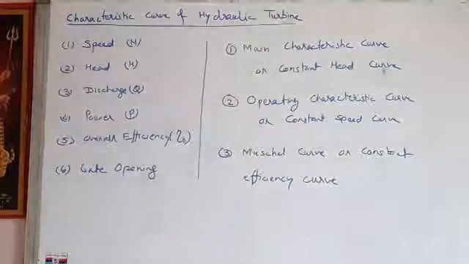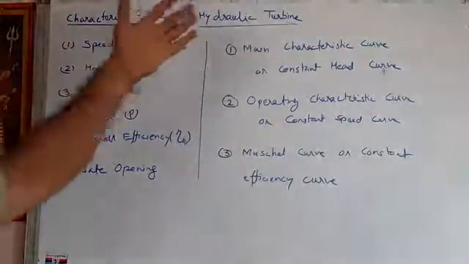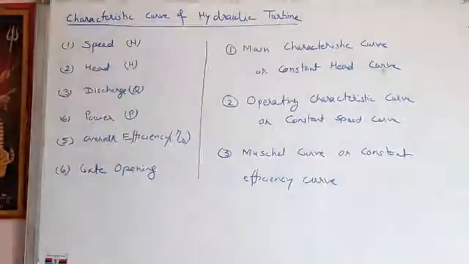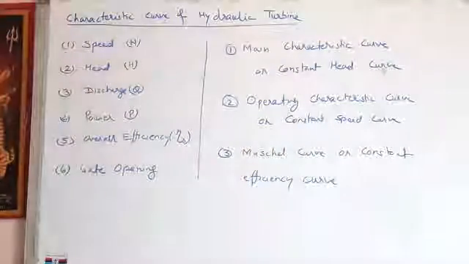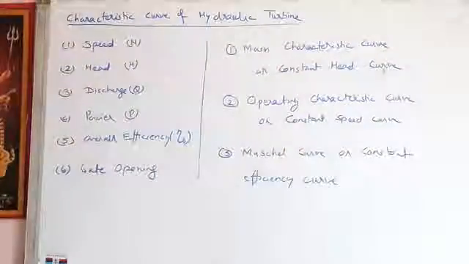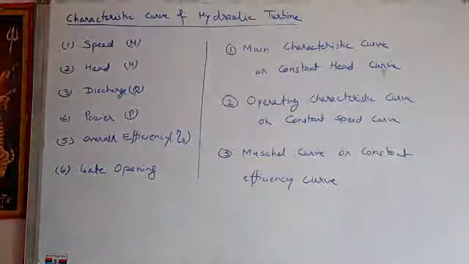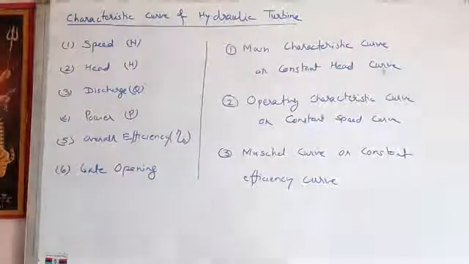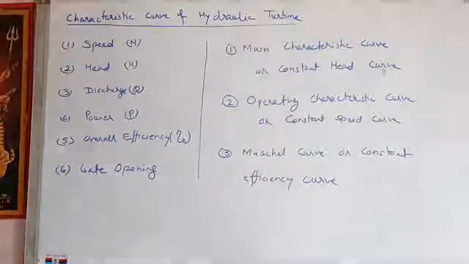Next is characteristic curves of the hydraulic turbines. Characteristic curves of a hydraulic turbine are the curves with the help of which the exact behavior and performance of the turbine under different working conditions can be known.